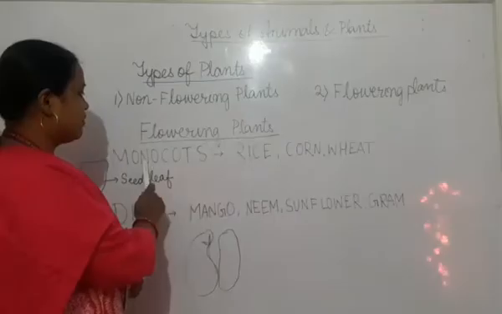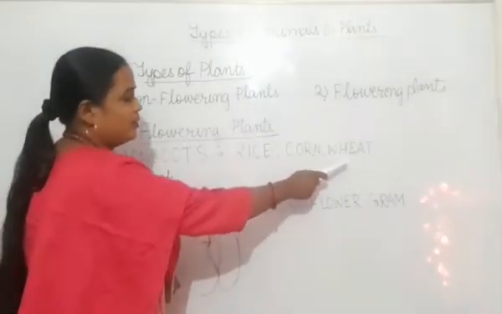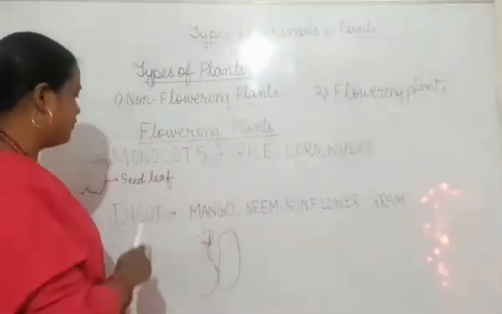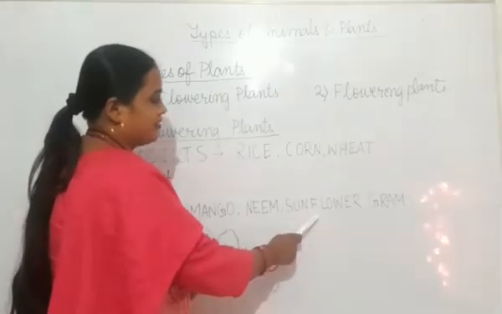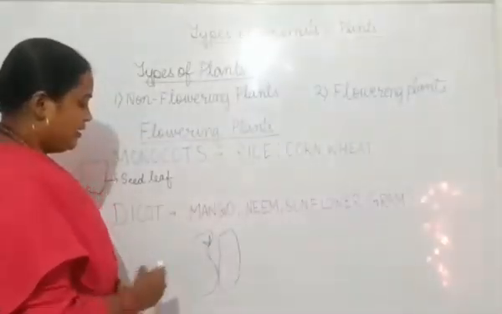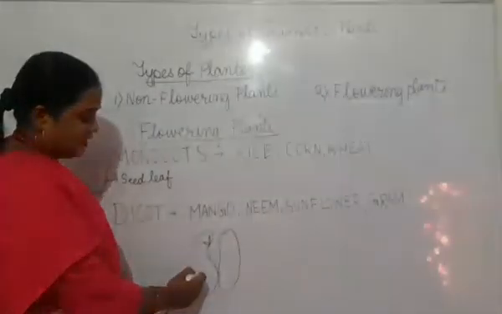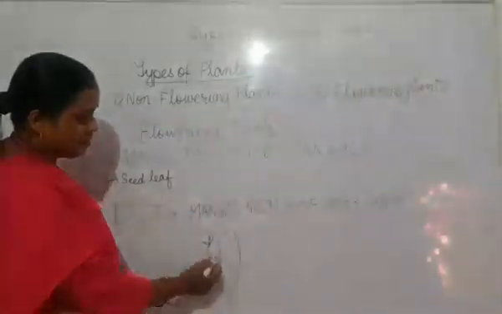The examples for monocotyledons are rice, corn and wheat. Whereas the examples for dicotyledons are mango, neem, sunflower and gram. If this is a dicotyledon, it can be opened into two parts.